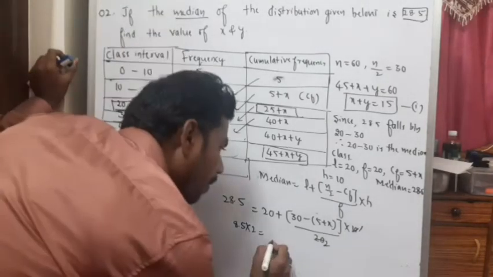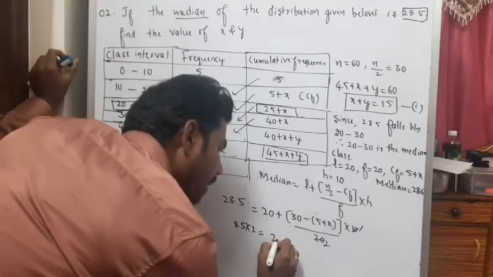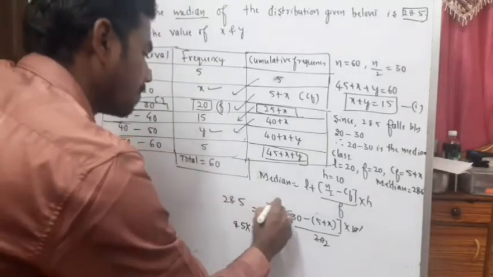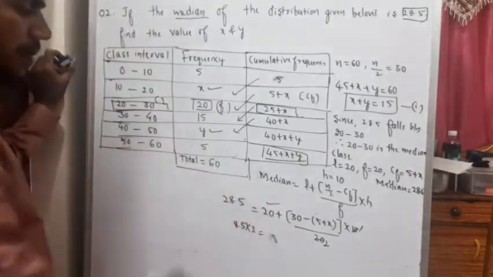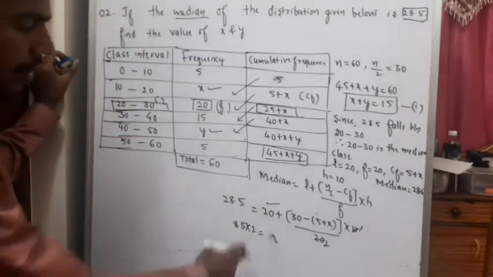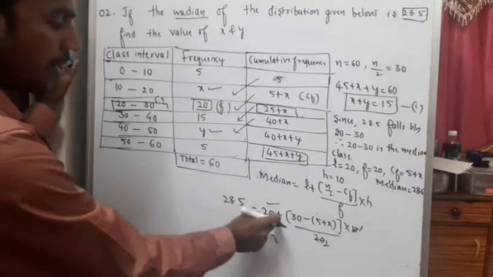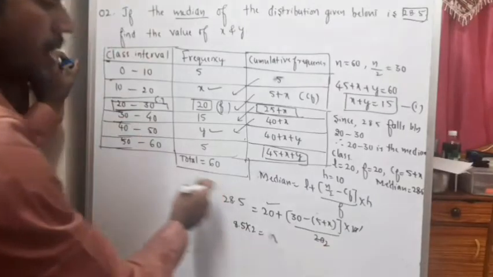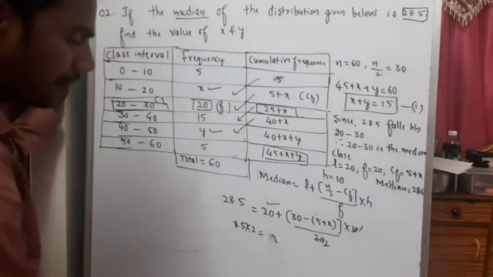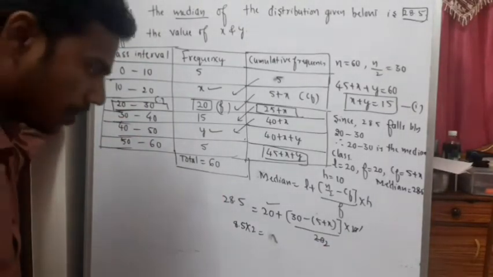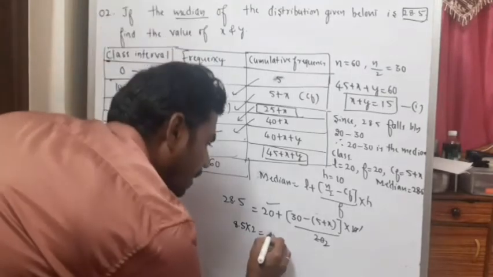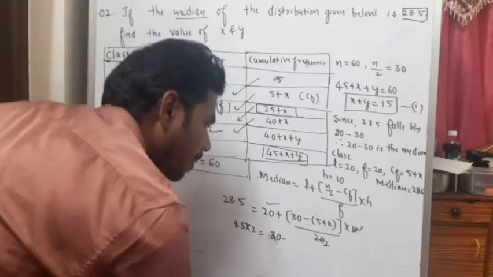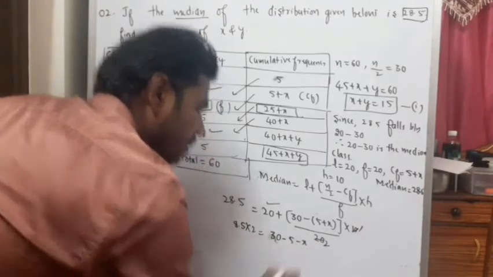Already 20 I have used, because 20 if I transfer to the left hand side, I get 28.5 minus 20, which is nothing but 8.5. 10 ones are 10, twos are 20. 2 I will transfer to the left hand side. It will be 8.5 into 2. Now what is left? 30 minus (5 plus x).